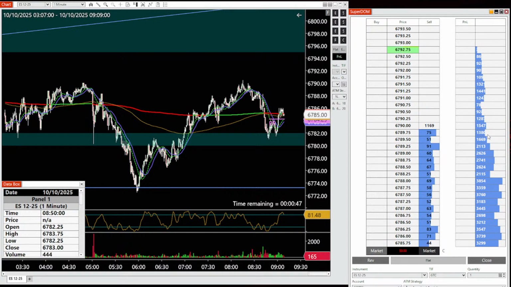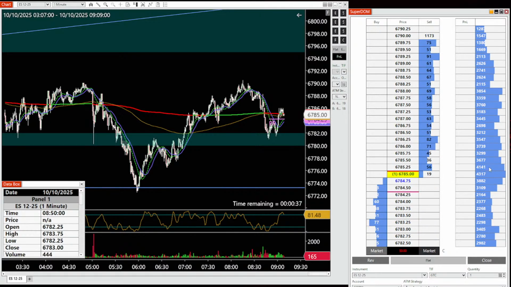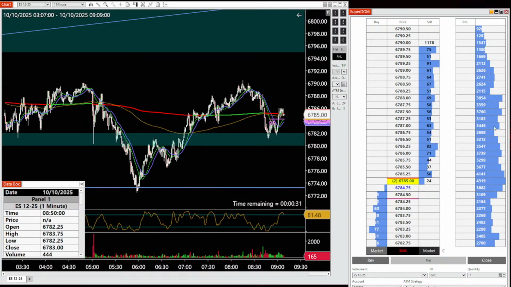Up in this area, let me see. Okay, had a little trading up here, held up here, pulled back down into this area. So we're making this little bell curve here, not a curve, but we had some trading up here.